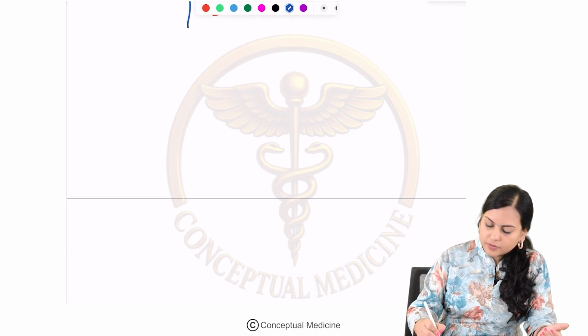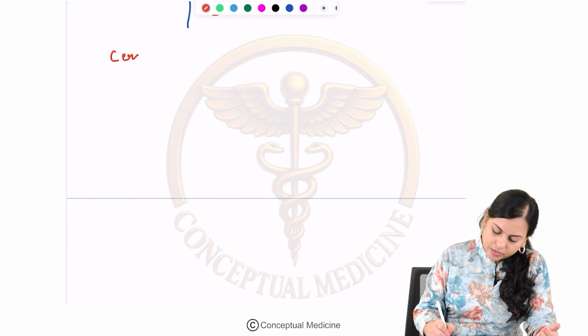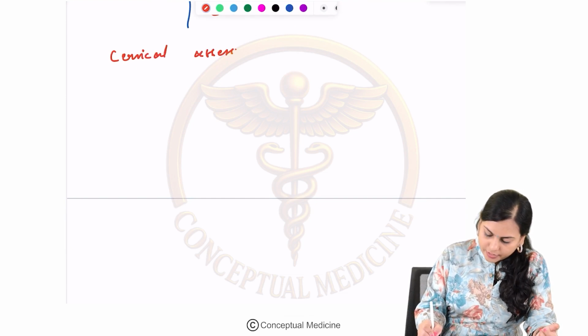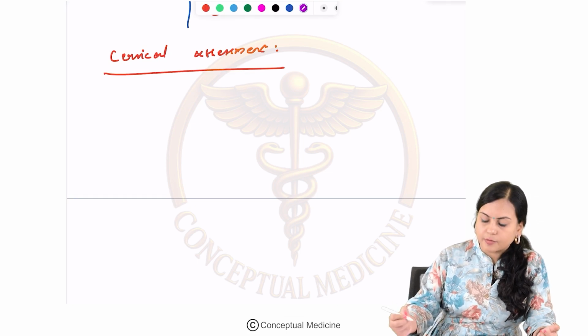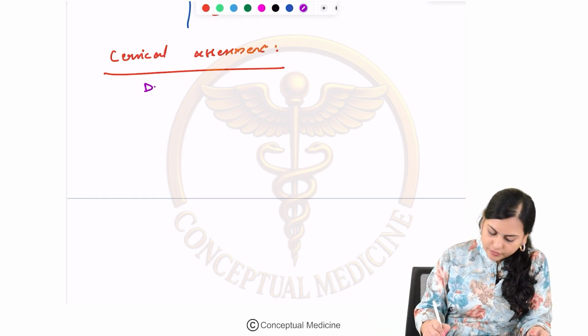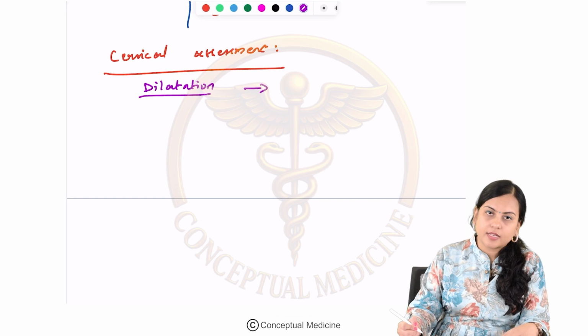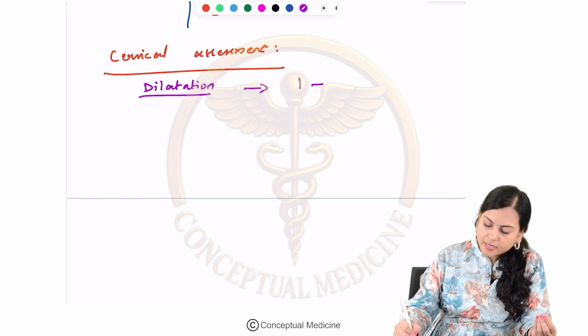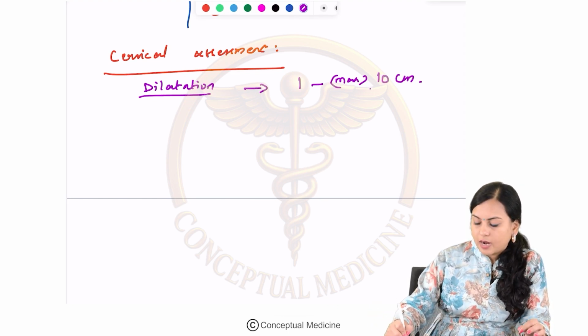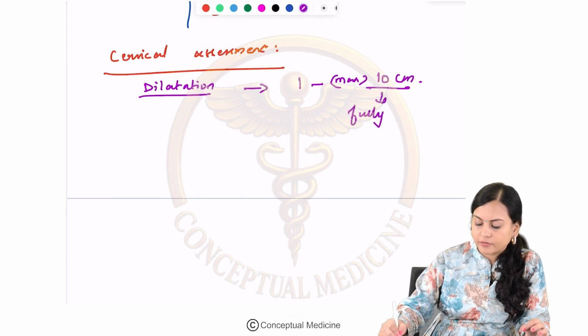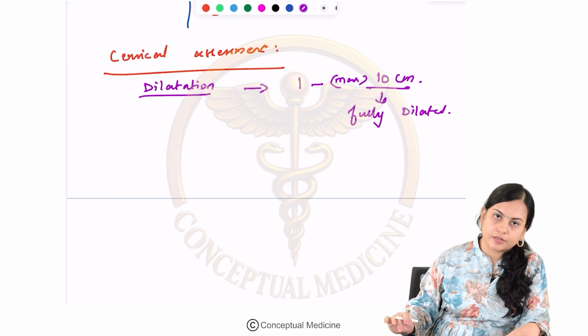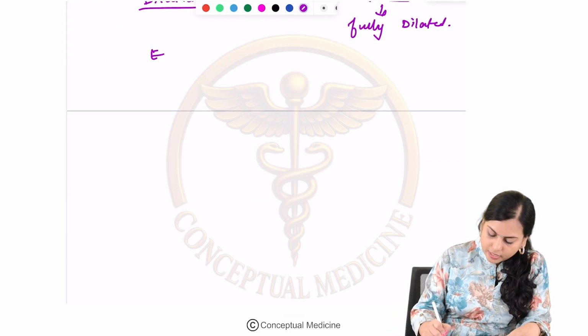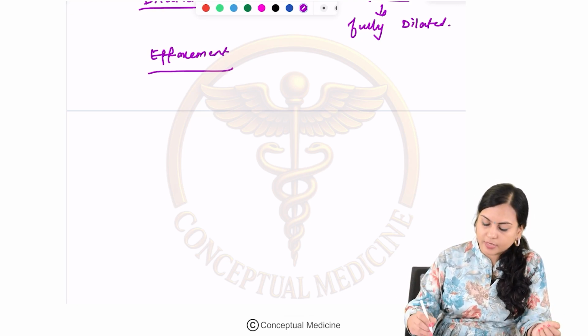Okay. Now, we will go for cervical assessment. So, cervical assessment. We already know there are two important changes that take place in the cervix. Number one is cervical dilatation. Yes, dilatation you can assess even from 1 centimeter, and the maximum dilatation reached by the cervix is 10 centimeter. At this stage, the cervix will be known as fully dilated. Okay, and it undergoes another change called effacement, which is taking up of the cervix by the lower segment of the uterus.